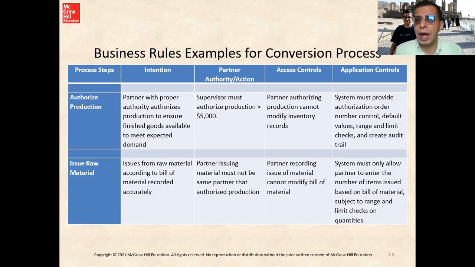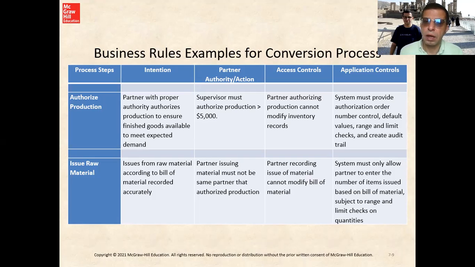And who has the access? Who has the access control? We said the partner authorizing the production cannot modify the inventory record. So he cannot go to the inventory record and increase or decrease it in order to authorize these things.